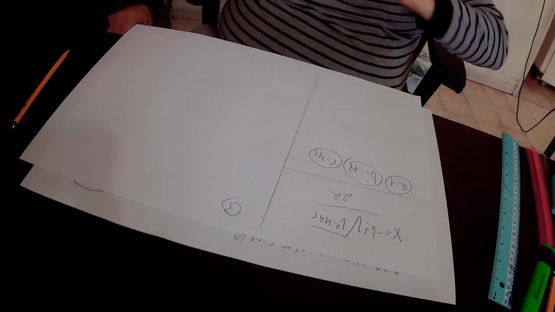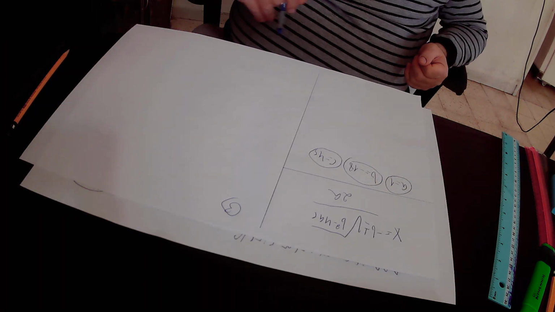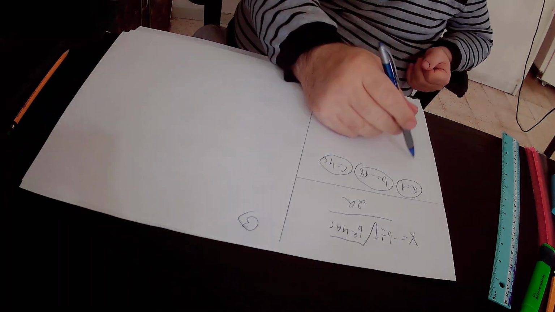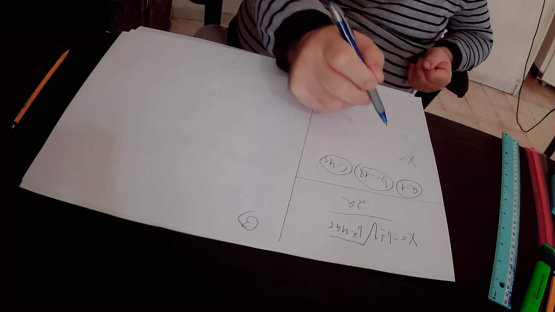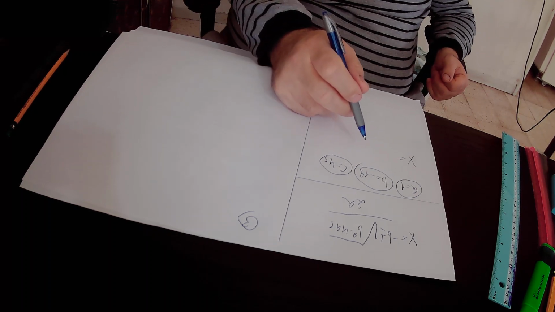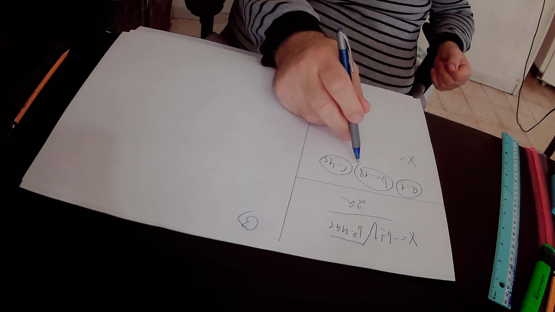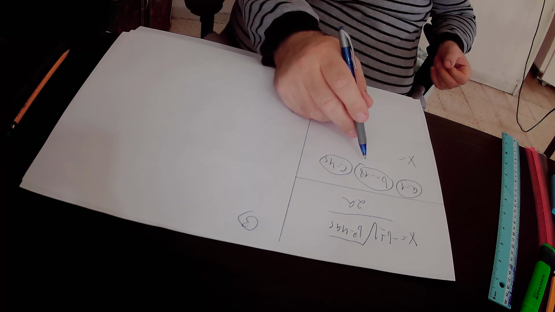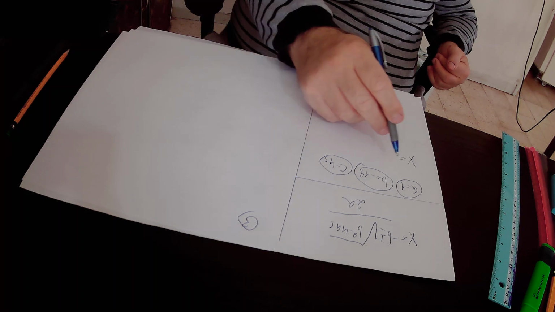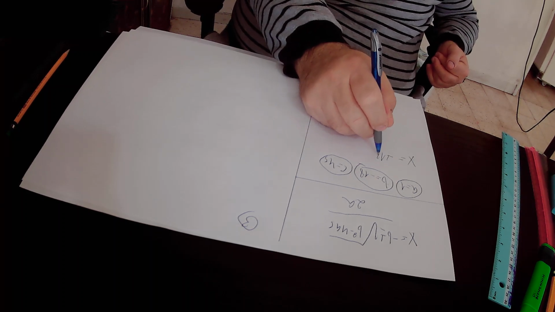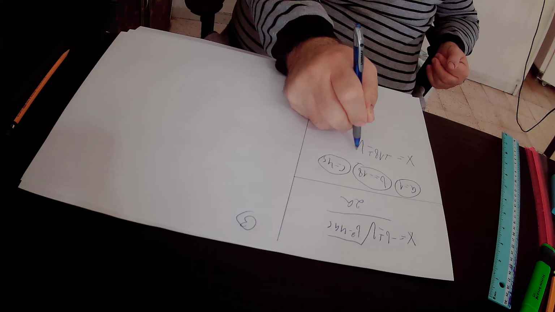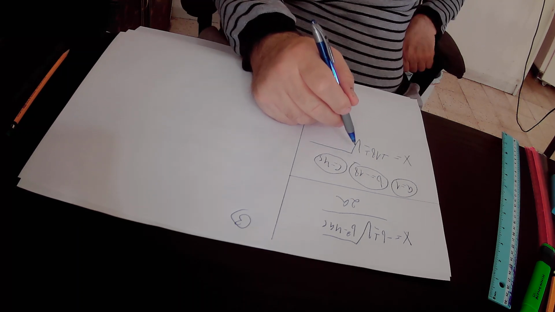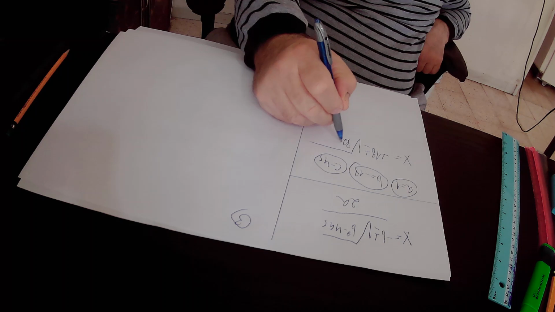So according to this general formula, x equals minus b. Minus b in our specific quadratic equation: b is minus 18, therefore minus b is plus 18, plus minus the square root of b squared. b is minus 18, therefore b squared is 324.